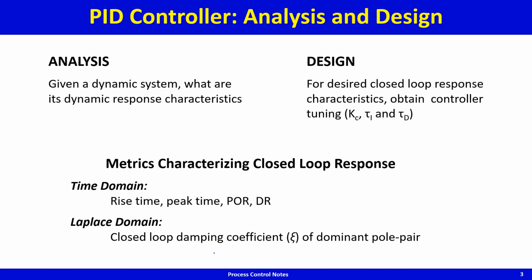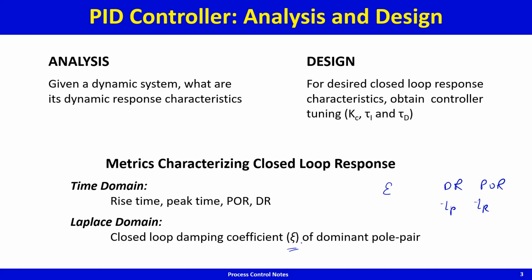In the Laplace domain, you got the closed loop damping coefficient, and we know that the damping coefficient has a relation with things like damping ratio, peak overshoot ratio, peak time, rise time, and so whether you're specifying damping ratio, peak overshoot ratio, peak time, rise time, settling time, or you're specifying closed loop damping coefficient of the dominant pole pair in the Laplace domain, these are equivalent.